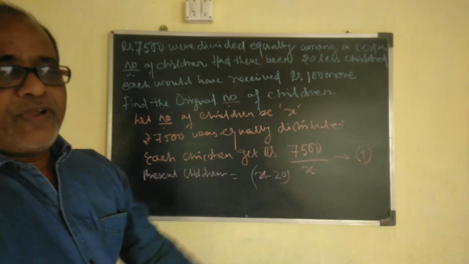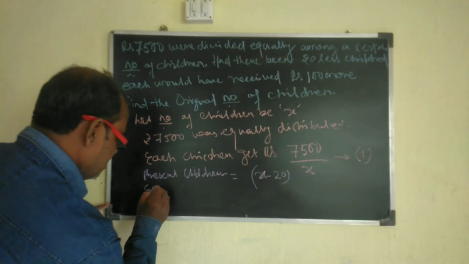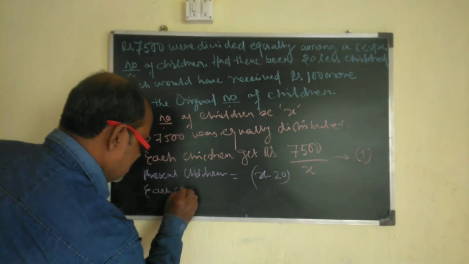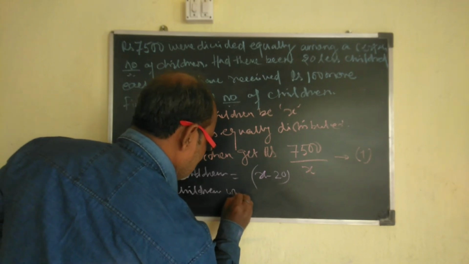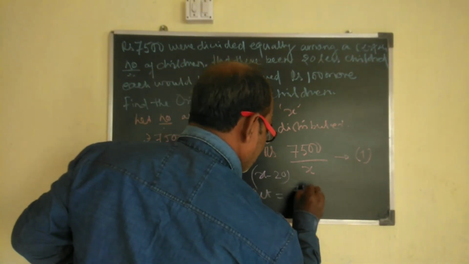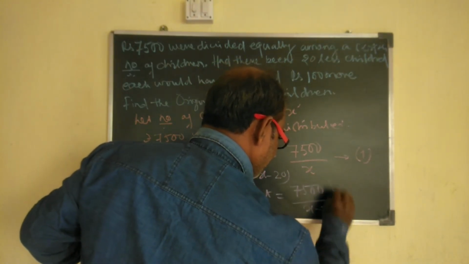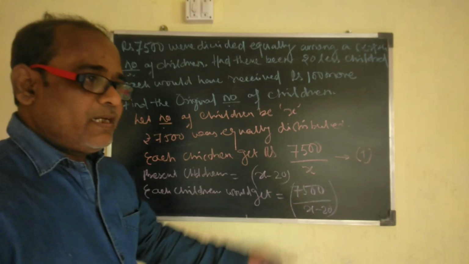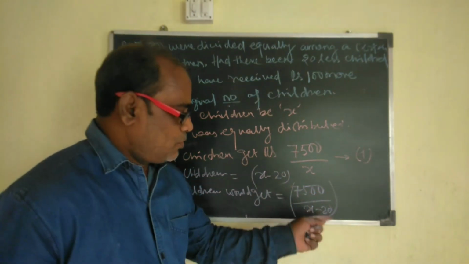Then now we have to find out what each child would have got. So each child is getting rupees 7,500 by x minus 20.